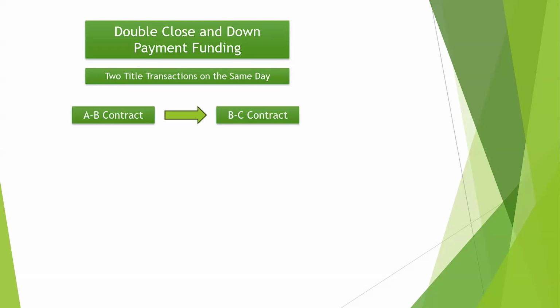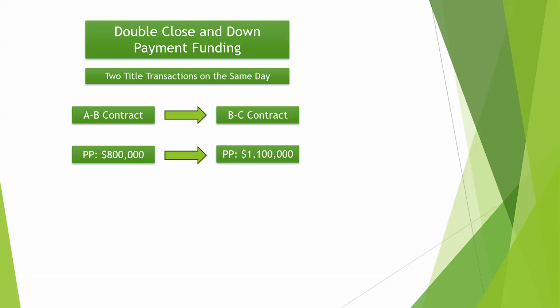So we sent into the title company two contracts, and we said, we want to double close this. The transactions will occur on the same day. So the first purchase price, as I said, was $800,000. So I ended up on the A to B contract, my LLC, for $800,000, and then I turned around and sold it to him for 1.1.